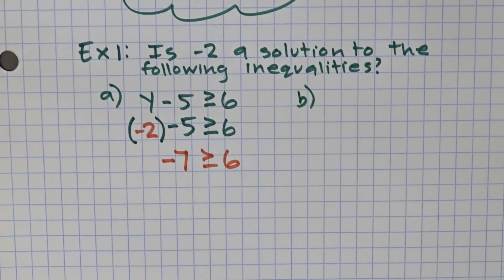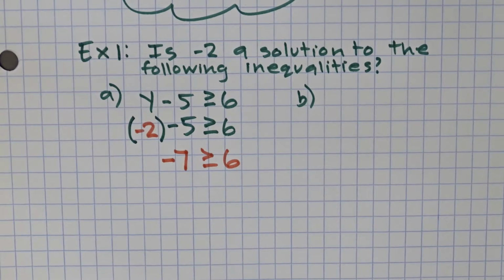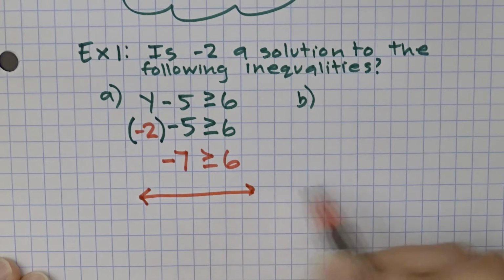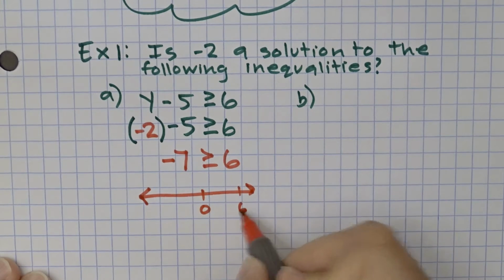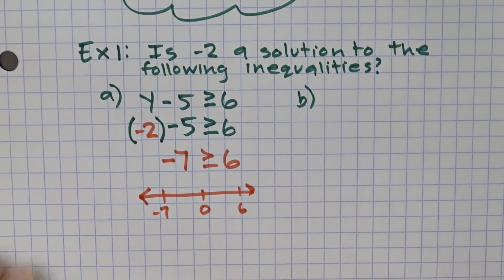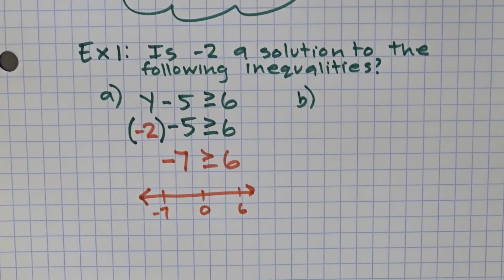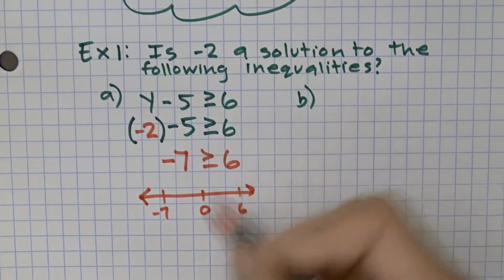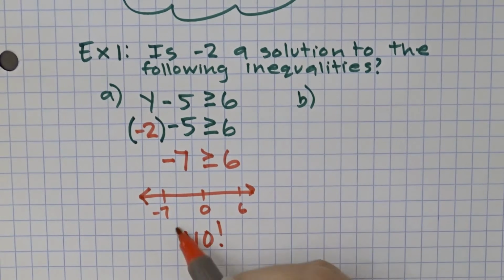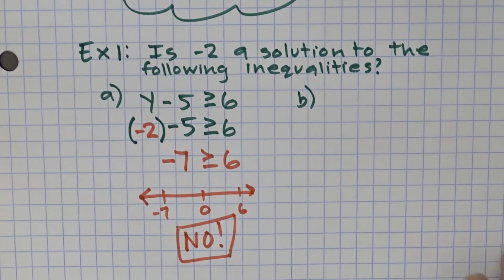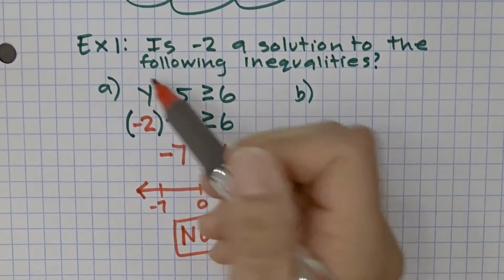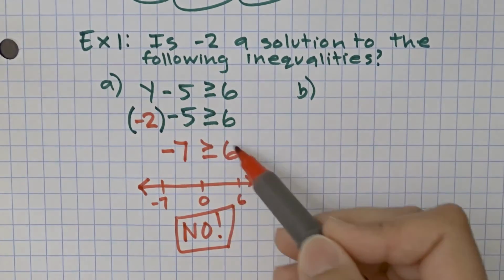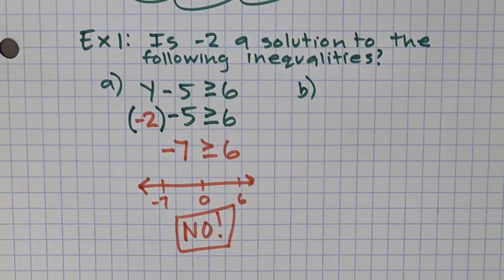And now you ask yourself, is it true that -7 is greater than or equal to 6? So for reference, 6 is over here, -7 is over here. So it's not true, right? -7 is not greater than or equal to 6, so the answer to this one is no. -2 is not a solution to this inequality. Again, just plug it in, check it, and verify that it's true.